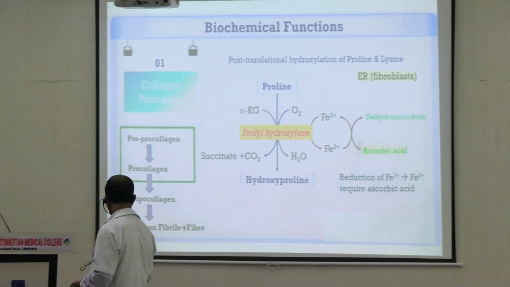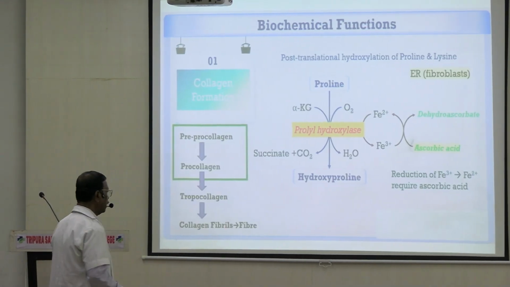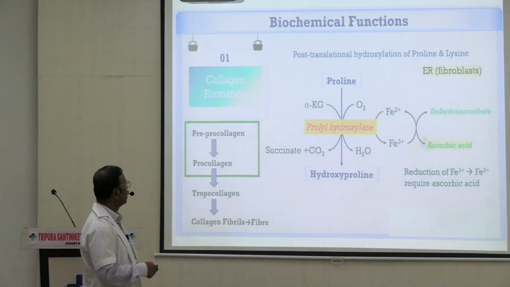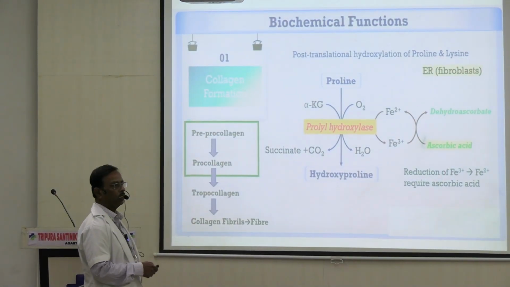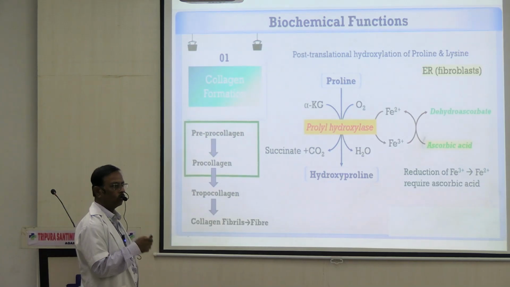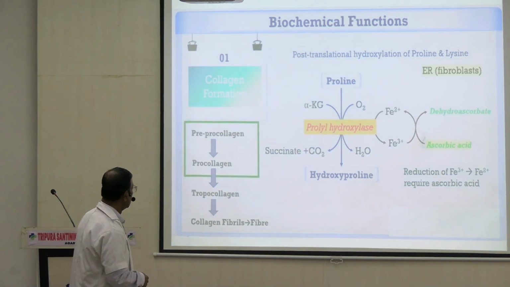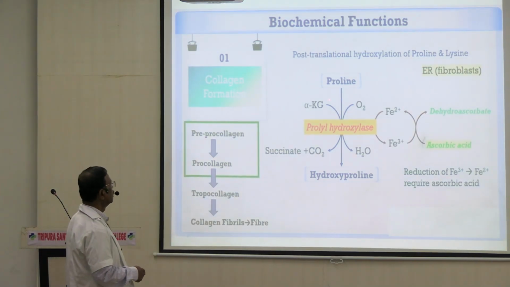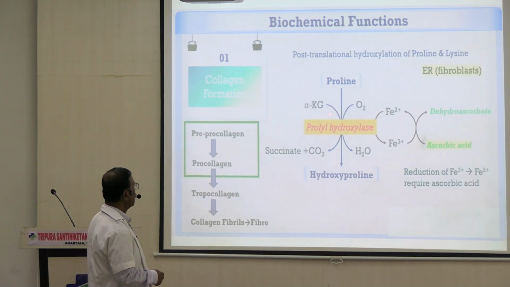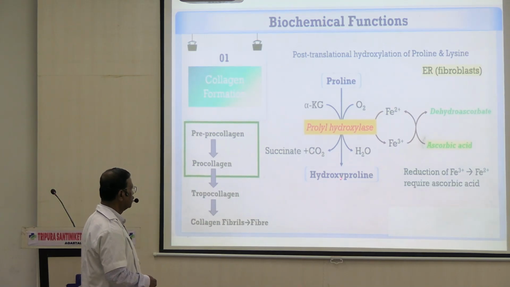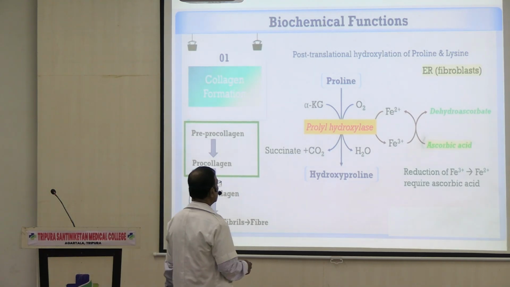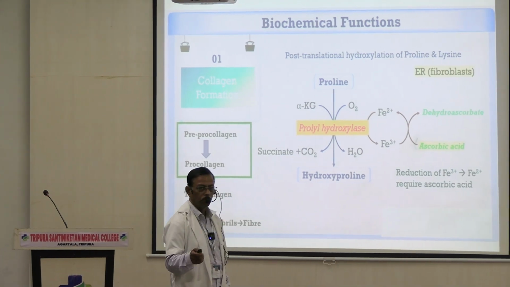So from that, the collagen is synthesized, and it is the reaction responsible for providing strength of the collagen. The proline is converted into hydroxyproline by the enzyme prolyl hydroxylase. Here is the role of ascorbic acid.